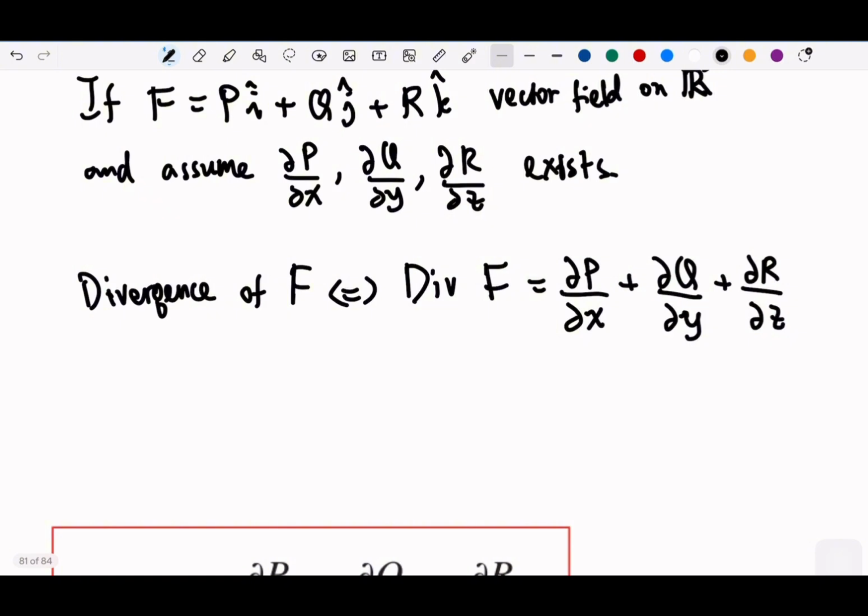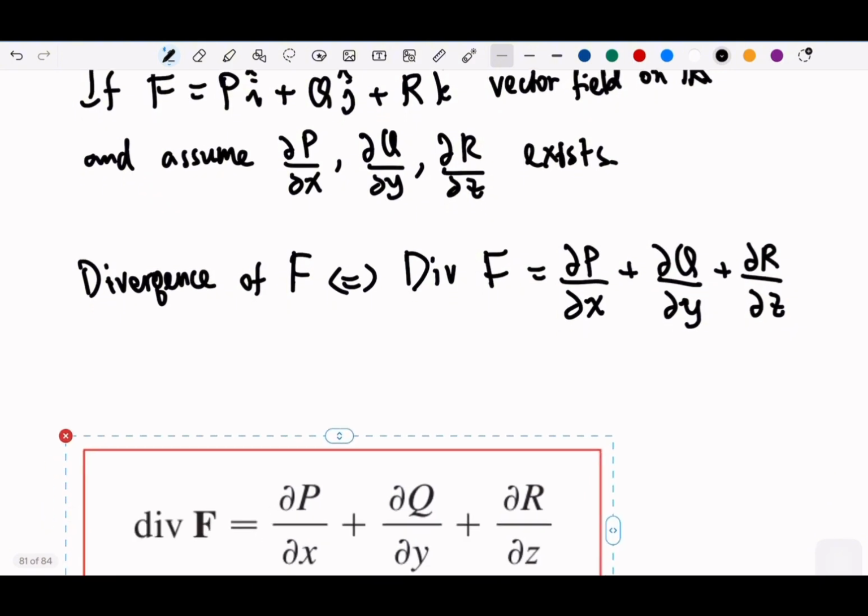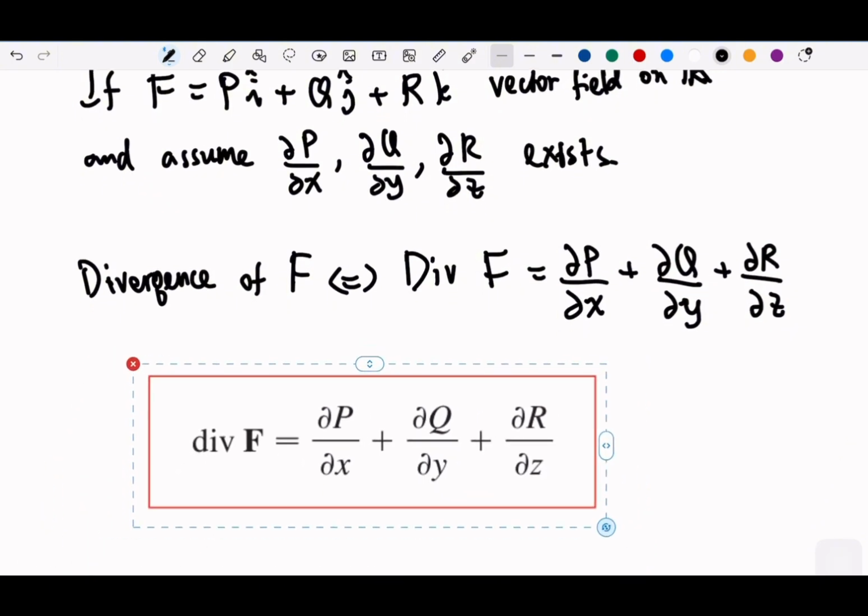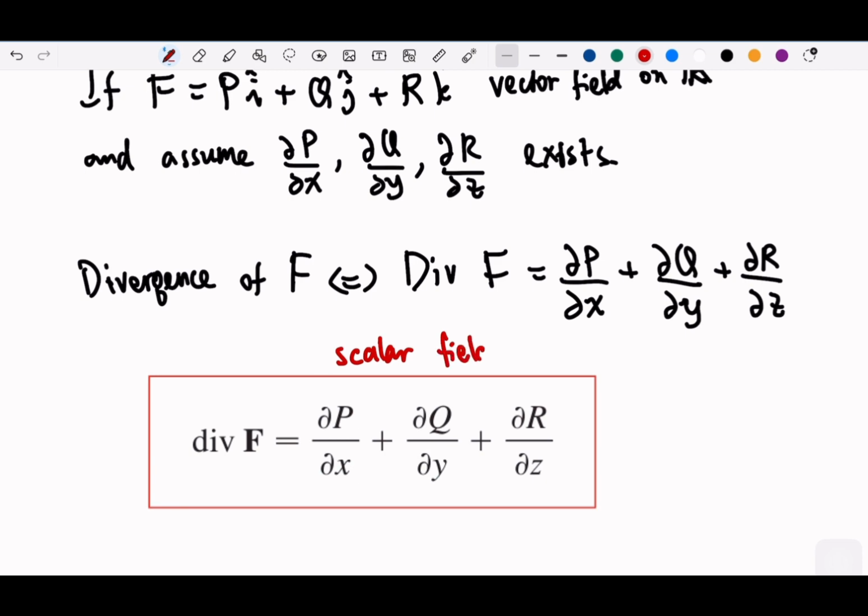Or if you want to see it more clearly, maybe that is better. And remember that the div F, based on the equation given, will result in a scalar field.